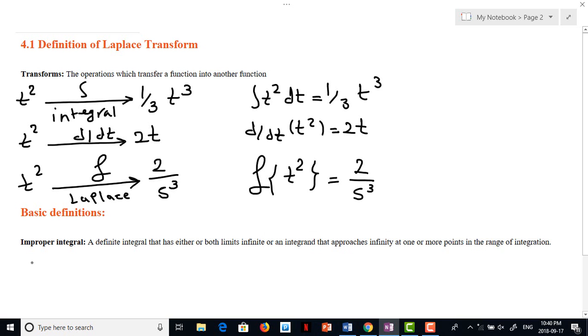Let's say we have an integral from 0 to infinity of k, which is a function of two variables, s and t, times, for example, f(t) dt. This integral is an improper integral. Why? Because here we have one limit which is infinite.